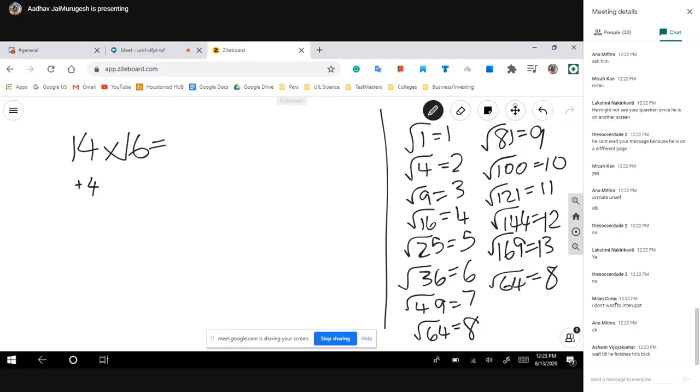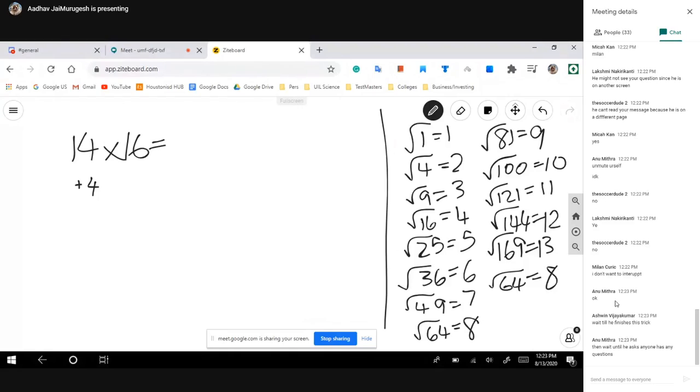For this trick we're going to use the base of 10, which means you have to find out how much this particular number is above 10. So 14 is 10 plus 4, so you add a 4 below.